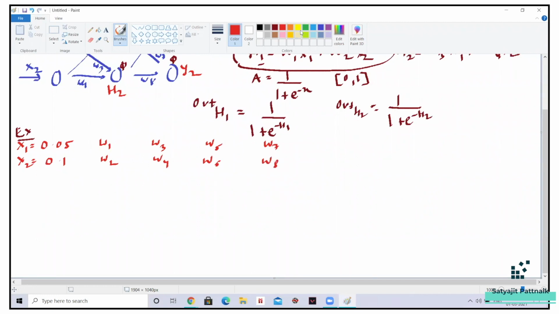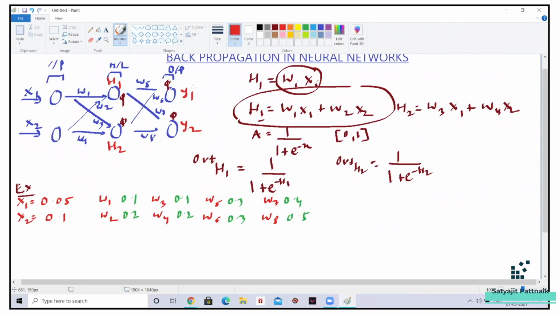Let's assign some values to them. I'm just arbitrarily populating 0.1, 0.2, 0.3, 0.3, 0.4, 0.5.